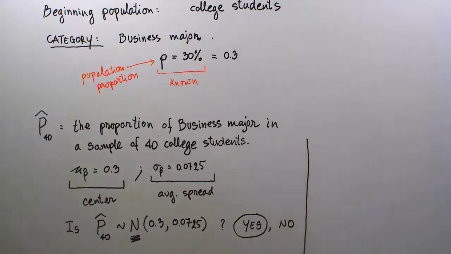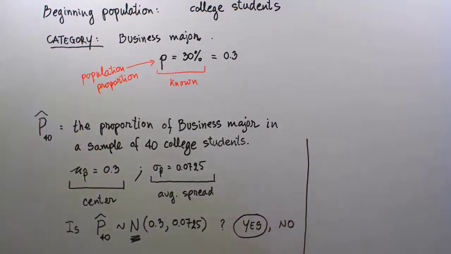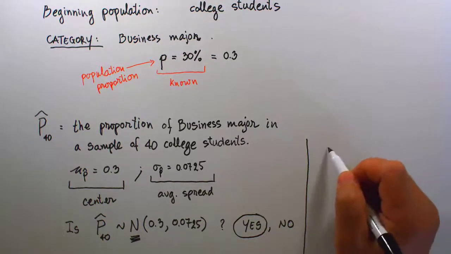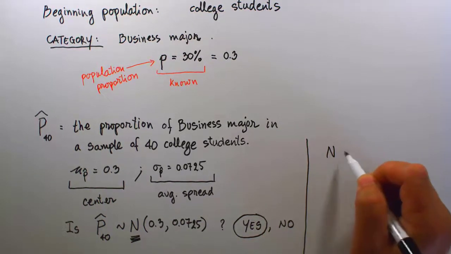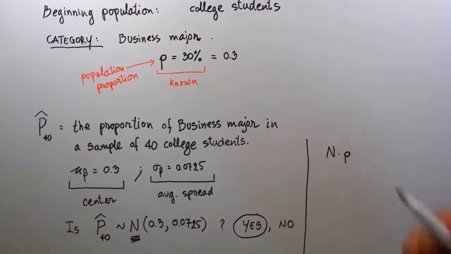So here's the reasoning for the work I did earlier to explain how I decided yes for my sampling distribution capital P hat 40 to be on a bell curve. Generally speaking, from where our sample size is, we multiply with the known population proportion.